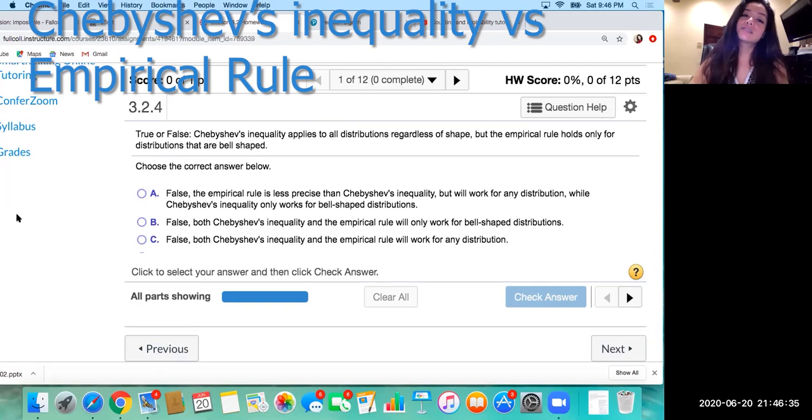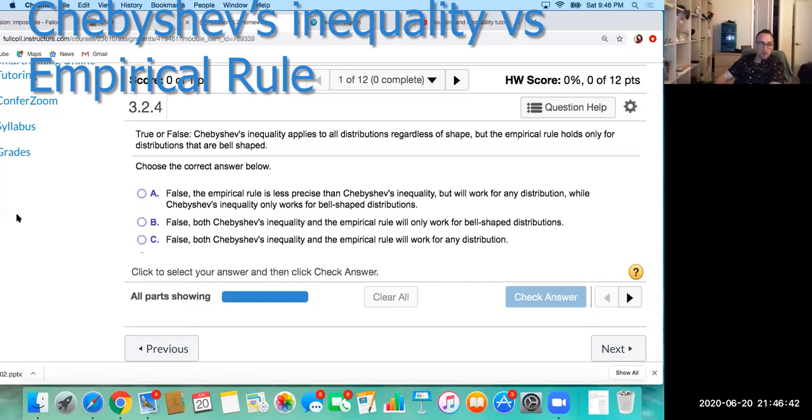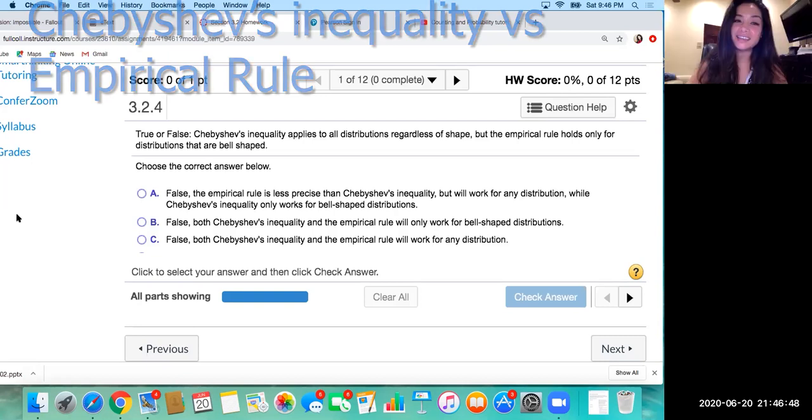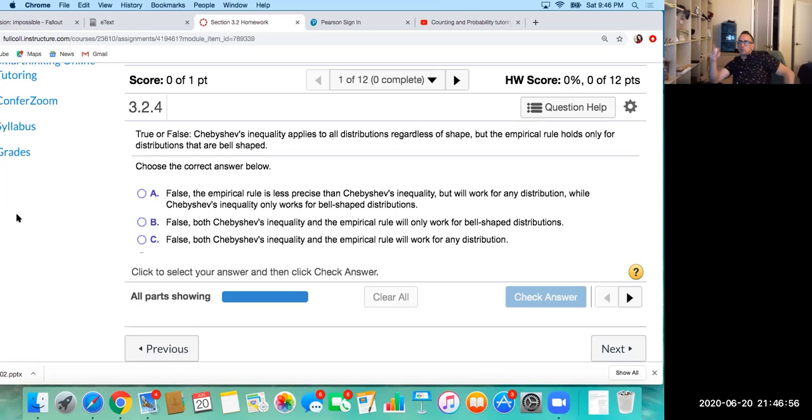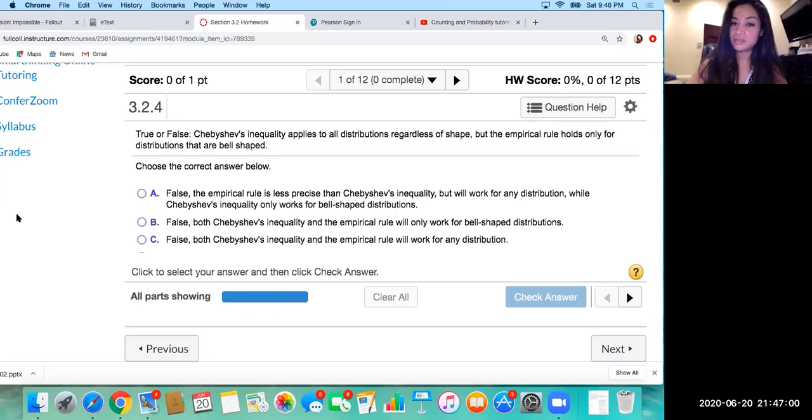Okay, true or false? How do you say the name? Chebyshev's inequality applies to all distributions regardless of shape. That's true. Okay, so this is true.